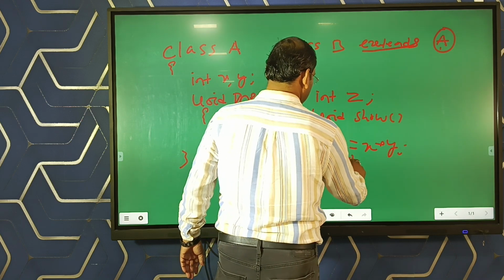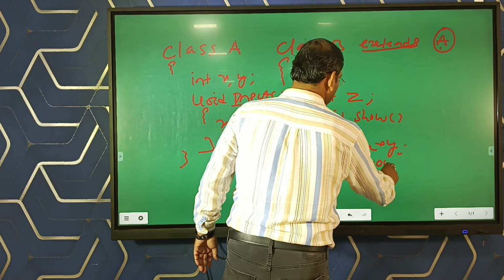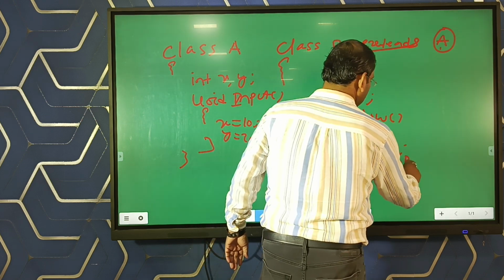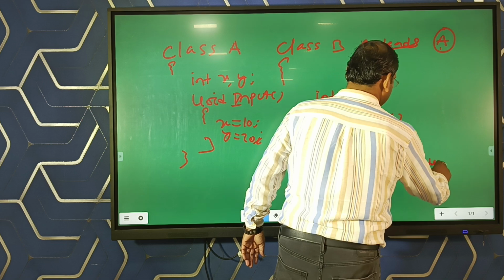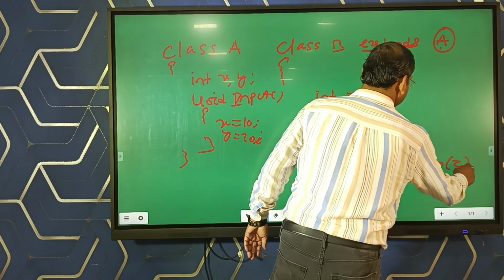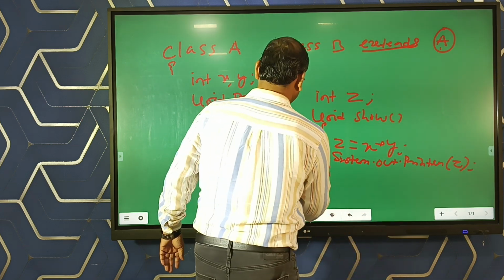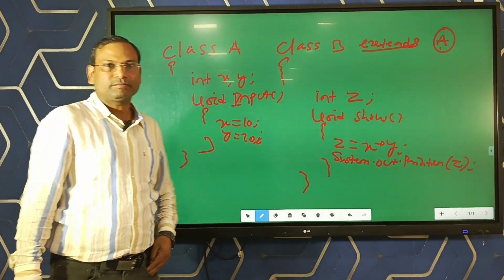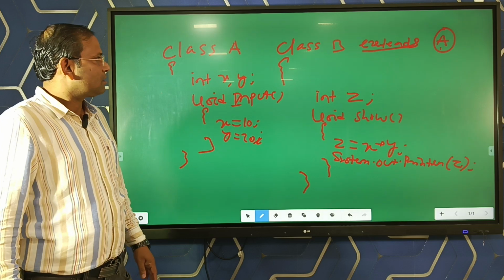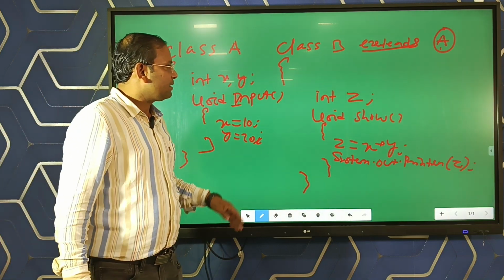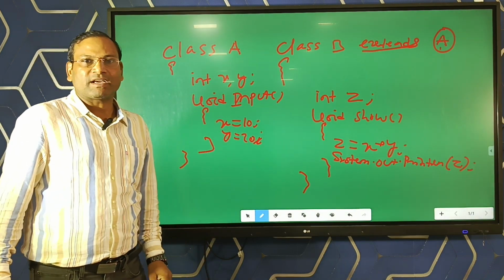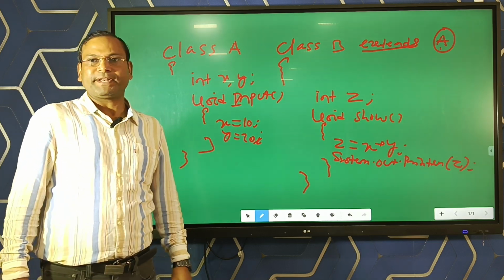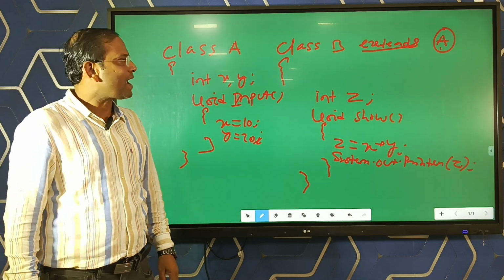System.out.println z. In class B, there are two methods and three instance variables, right? Why?